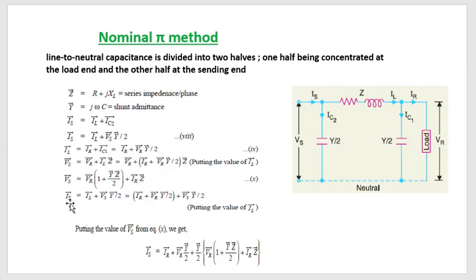Now the expression for Is will be this equation, and if we put the value of Vs from equation 10 we get Is equal to this equation. In this equation we just have substituted the value of Vs over here.